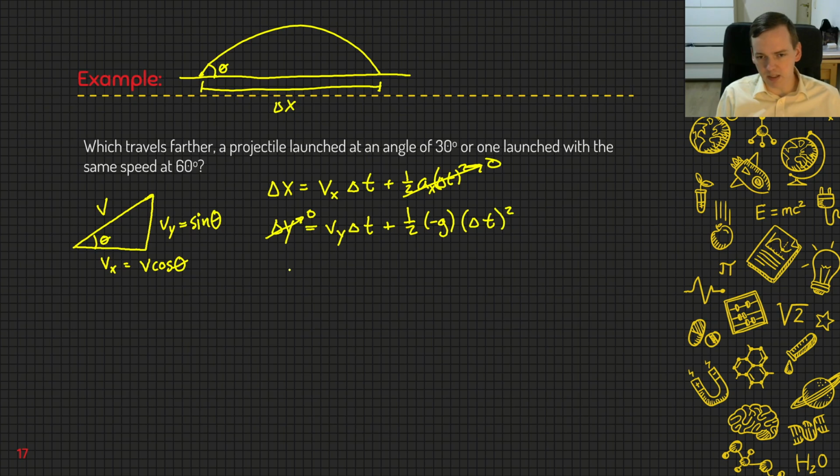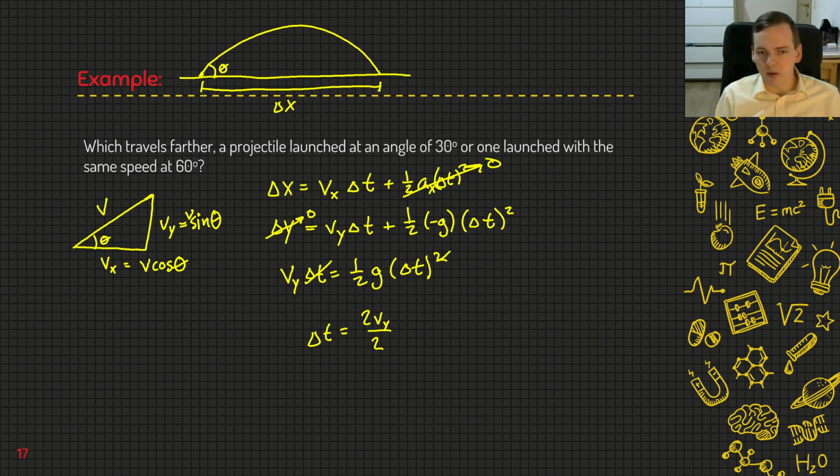So I can do some rearranging and get vy delta t equals 1/2 g times delta t squared. I could plug in the known v sine theta and v cosine theta, but I'm leaving them as vx and vy for now because it'll be easier to work with. A delta t can cancel from both sides, and I get that delta t is equal to 2 vy over g.